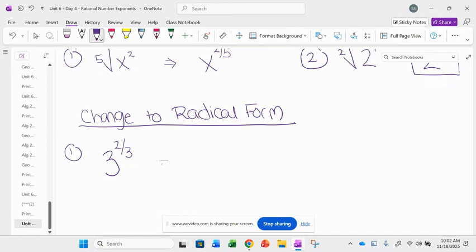The index, perfect. So this is going to be the cubed root of 3 squared. I'm going to follow the same rule that we followed in our exponent unit. If the exponent is 5 or less, you have to multiply it out. If the exponent is more than 5, you can leave it as exponential. So this is 3 to the 2nd power. Do I need to multiply that out? Yes. So this becomes the cubed root of 9.